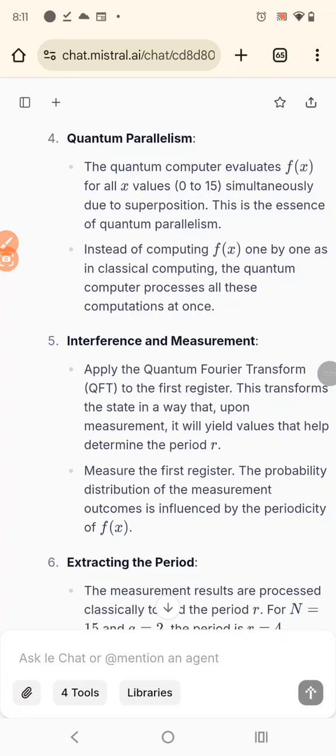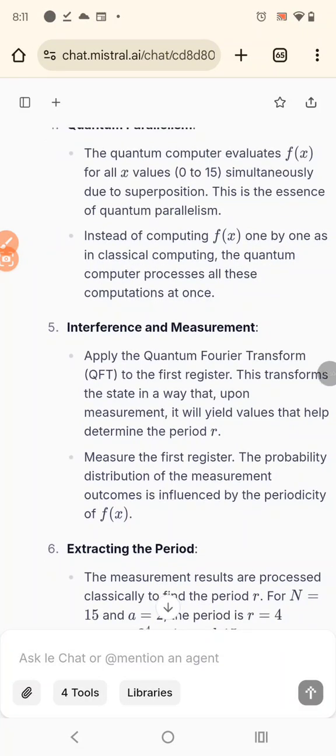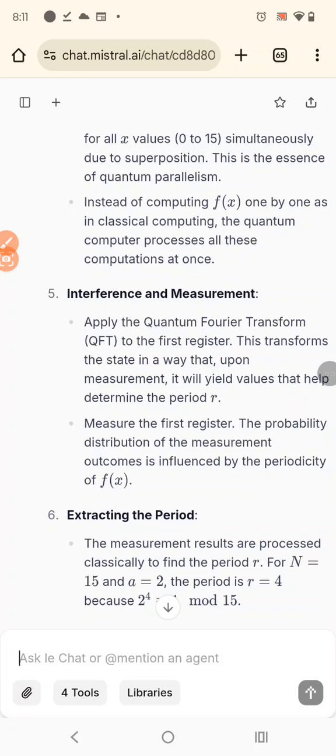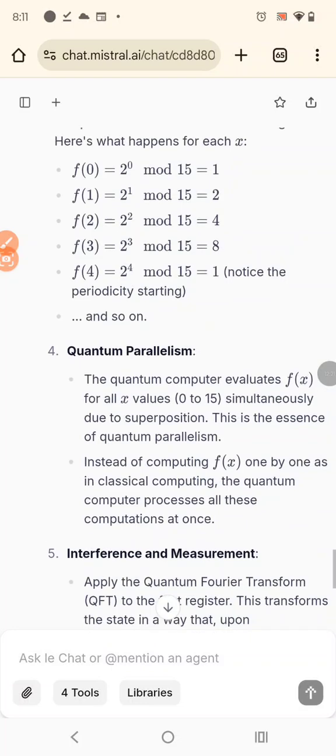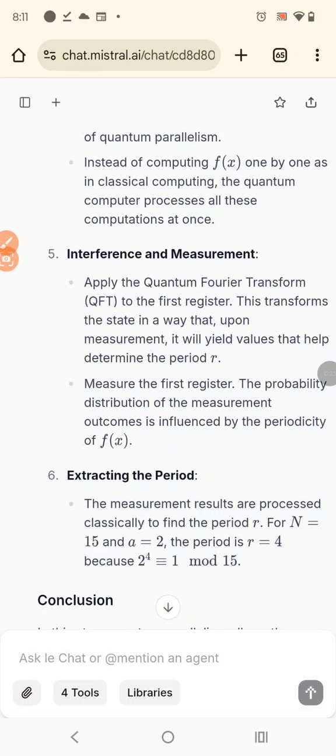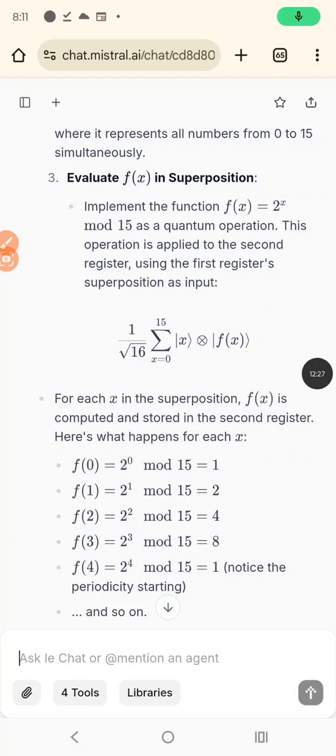So apply the QFT to the first register. This transforms the state in a way that upon measurement it will yield values that help determine the period r. So we have the f(x) values now in the second register, and the x values in the first register.